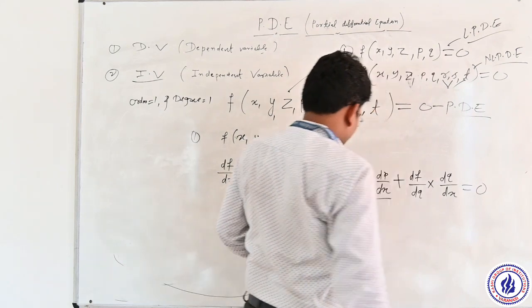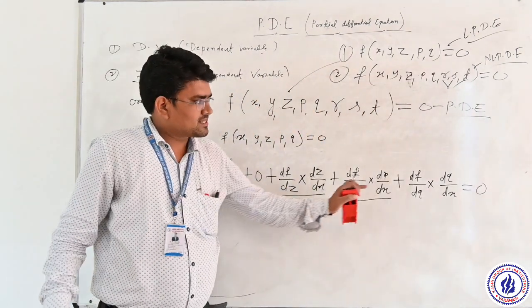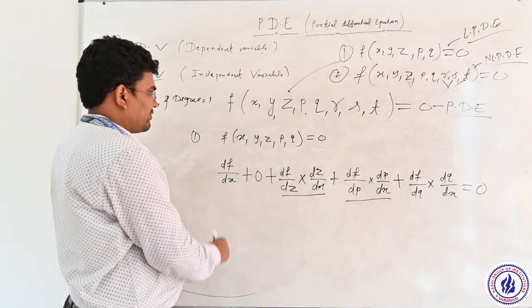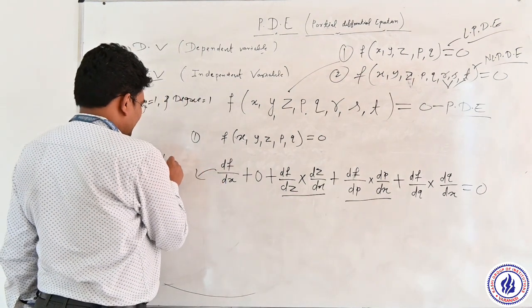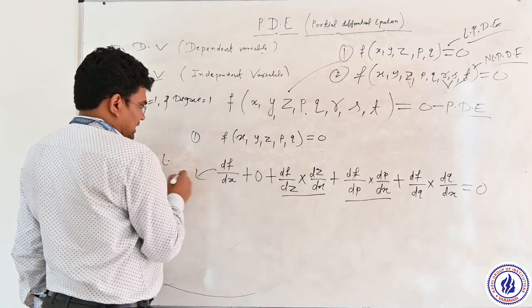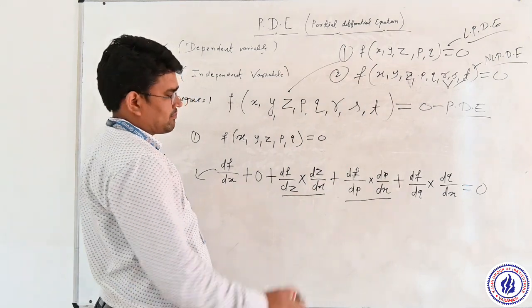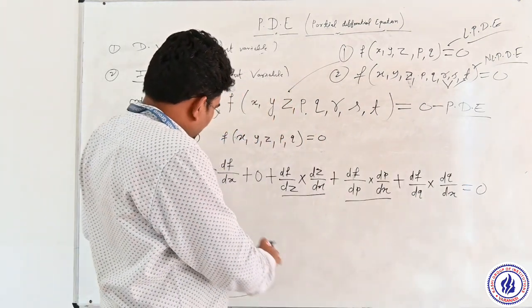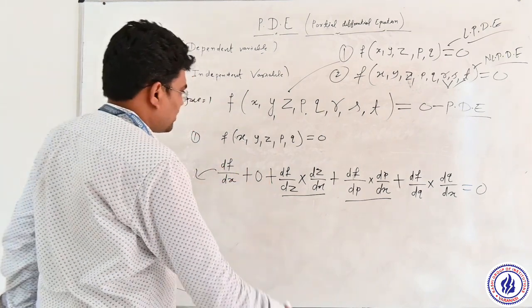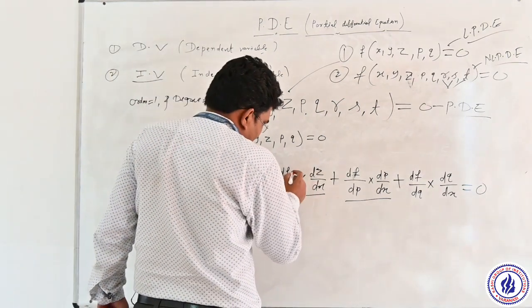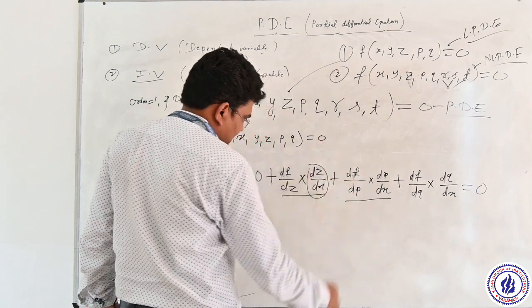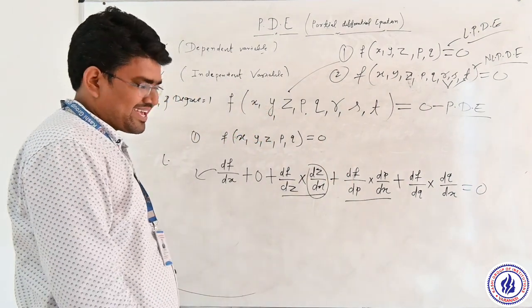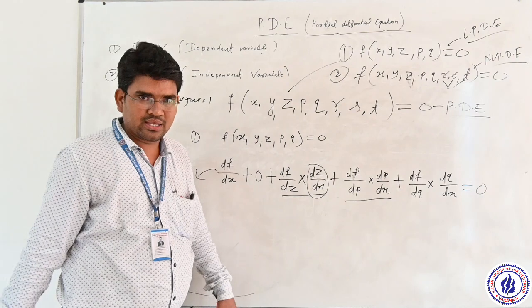Now this is our partial differential equation of linear type, a linear partial differential equation, because in that you have only p and q, and you can reduce it. How? Just before I said that dz upon dx is what we call p.